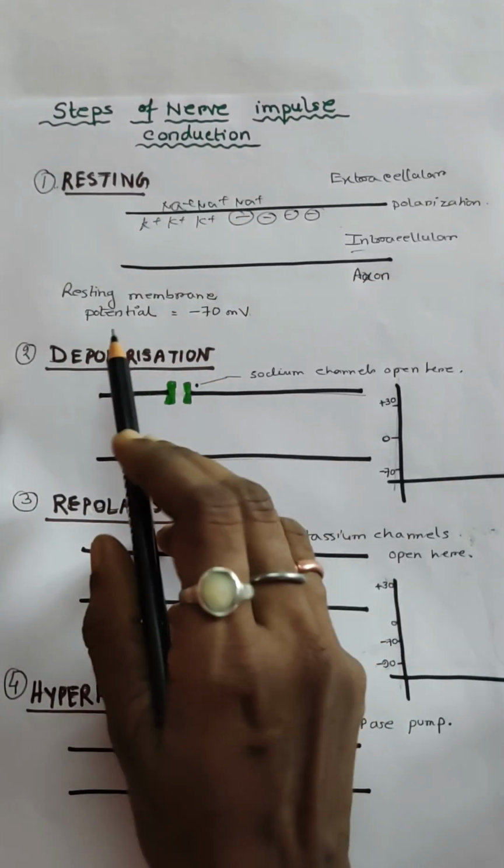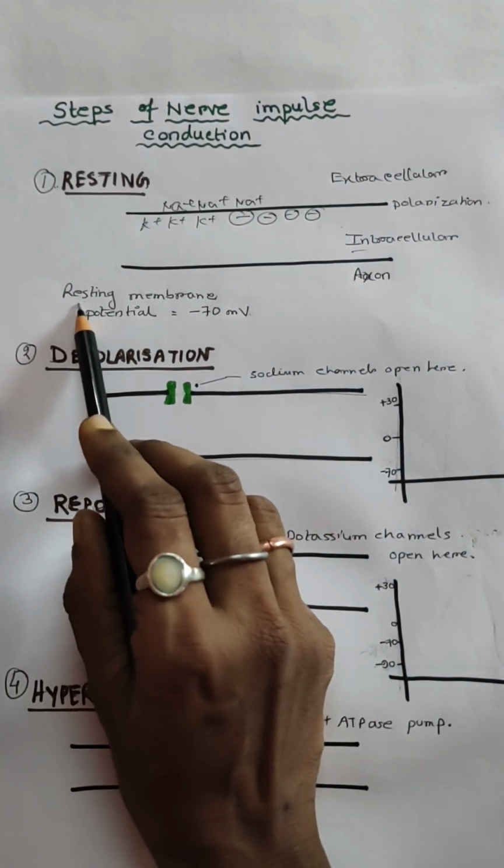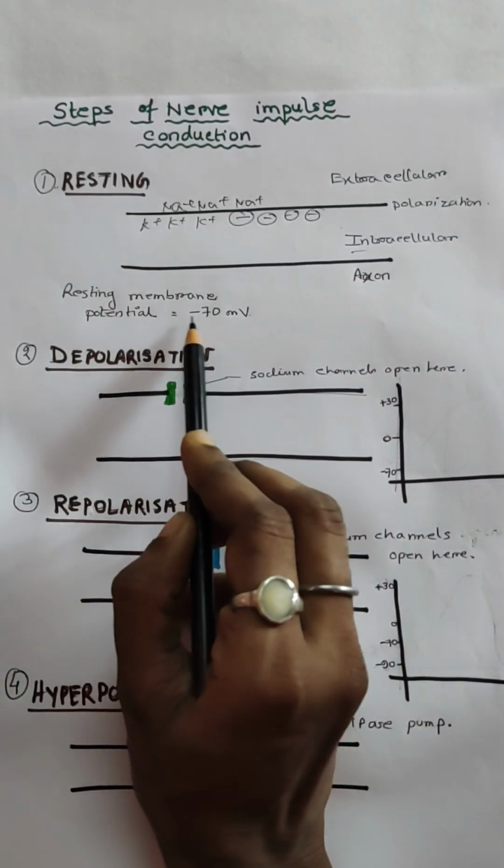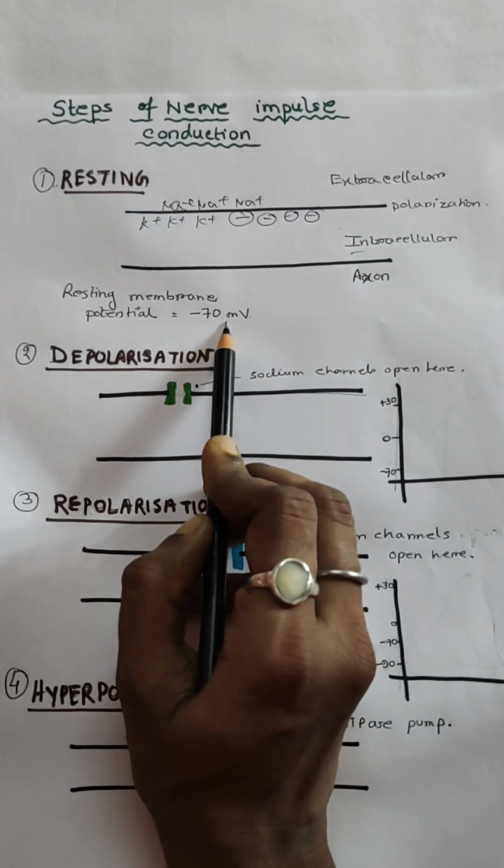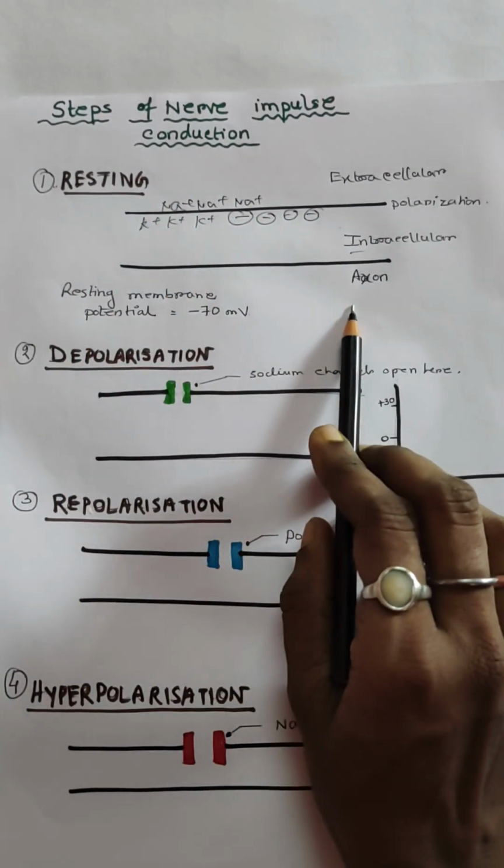These charge differences, as I have already explained, are called the resting membrane potential. The value of the resting membrane potential is minus 70 millivolt. So this is the resting stage.